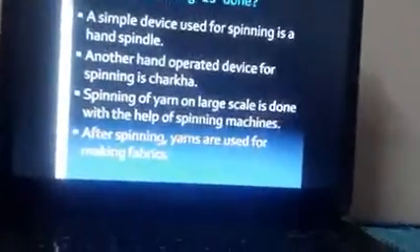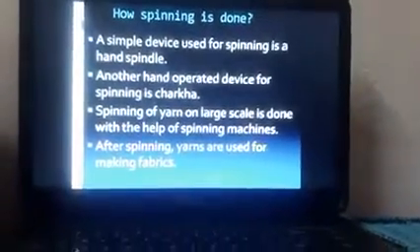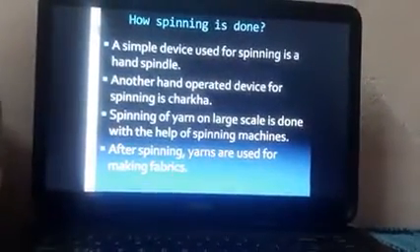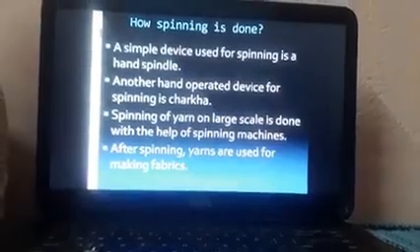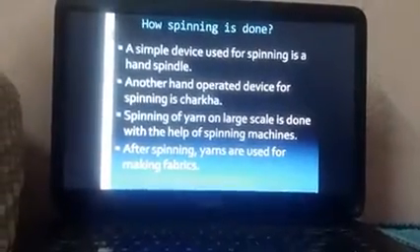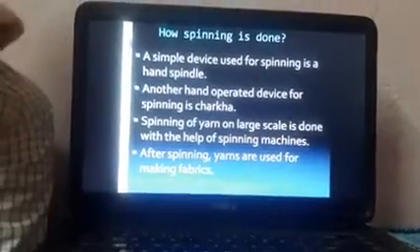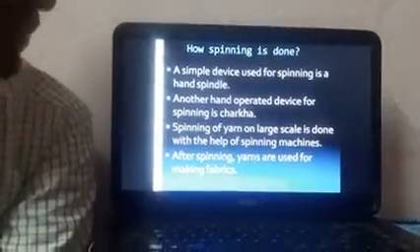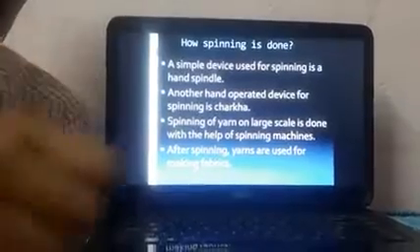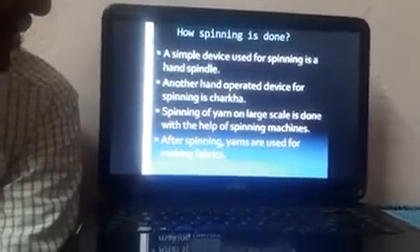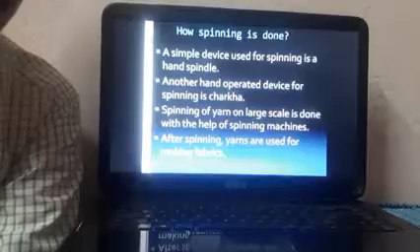So let us discuss how spinning is done. A simple device used for spinning is a hand spindle. A spindle is a very thin metallic rod, having one end in the shape of a hook. Another hand-operated device for spinning is the charkha.